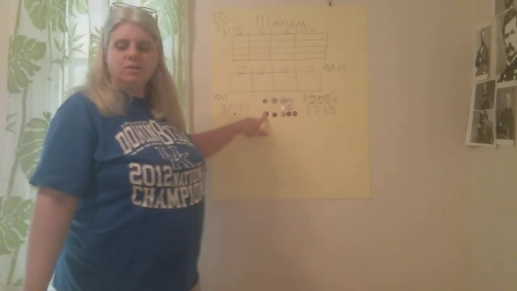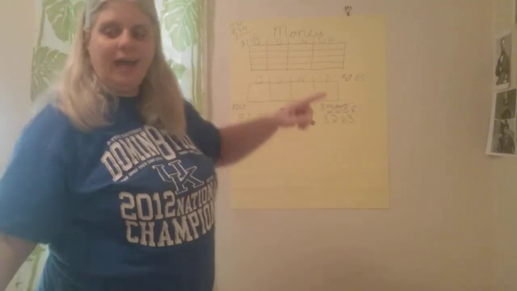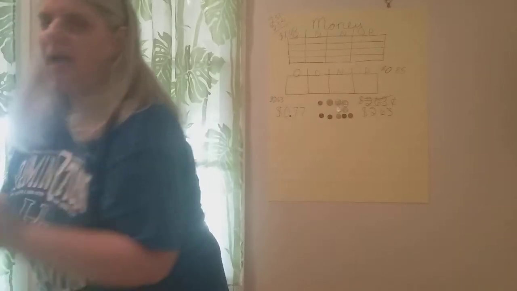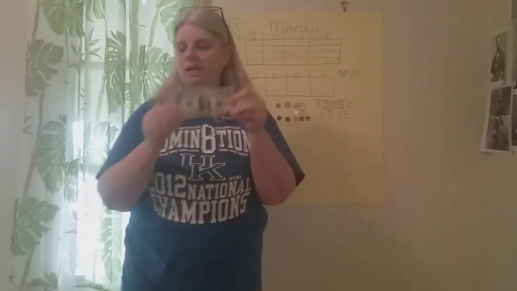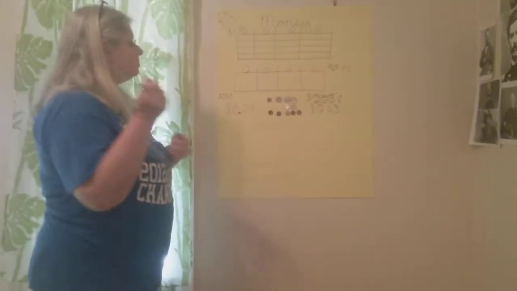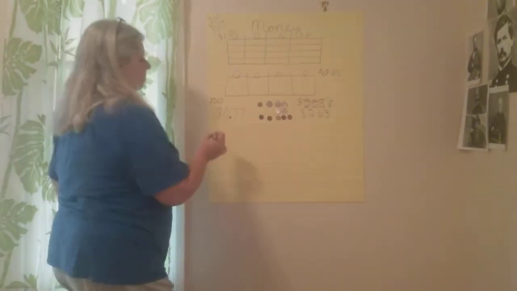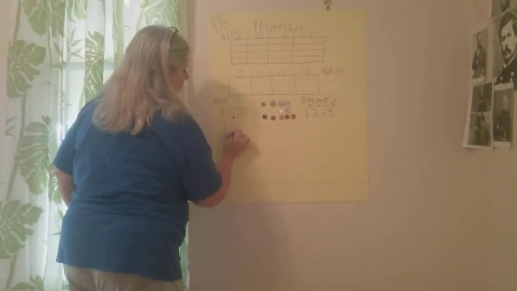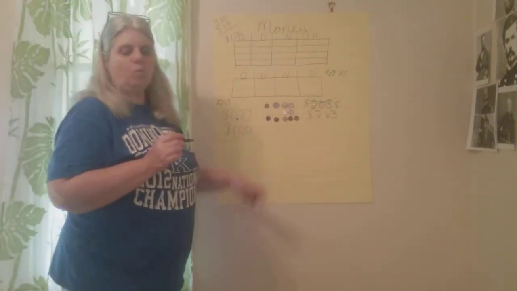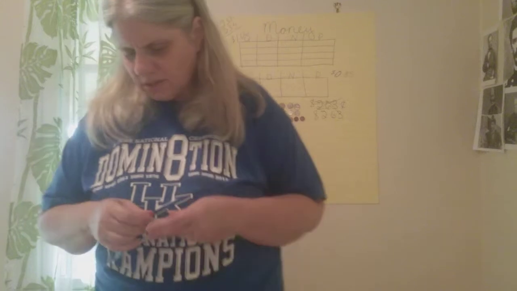So when you get to 100 cents, it's the same as $1, okay? So we never write 100 cents. We don't do that. Once we get to 100 cents, we're going to write $1, okay? So this is $1, which was number 3.